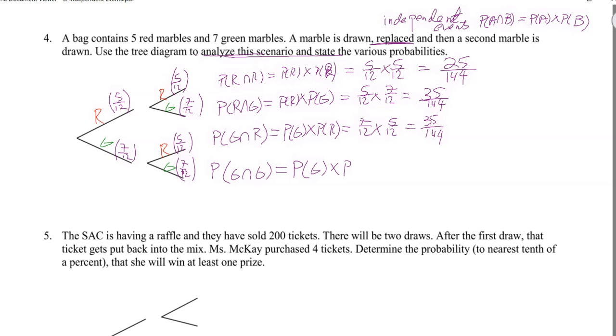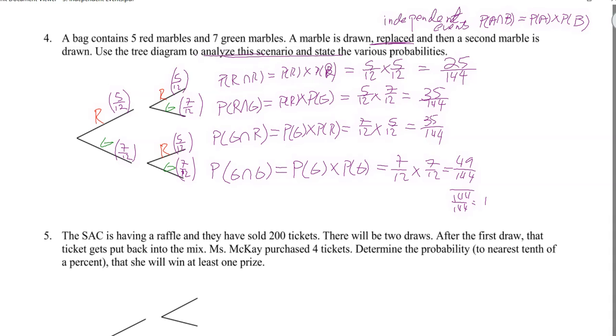Probability of green times probability of green, 7 out of 12 times 7 out of 12 is 49 out of 144. So 35 and 35 is 70. This is 95. So take 5 away from this, it will be 100, and then add 44. So we can see they add up to 144 out of 144, which is 1. And that means we've taken every possibility into account.